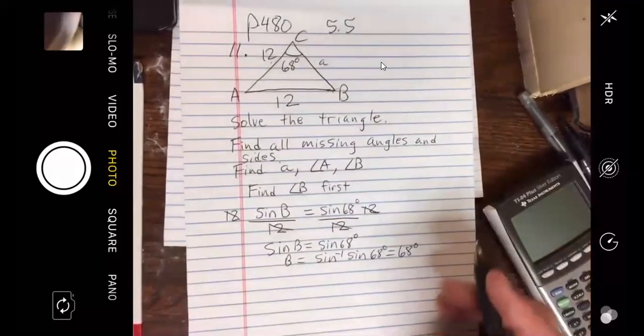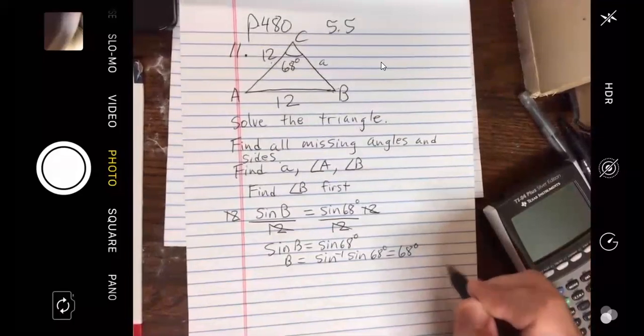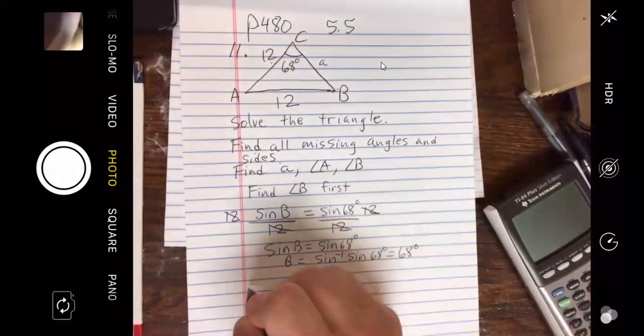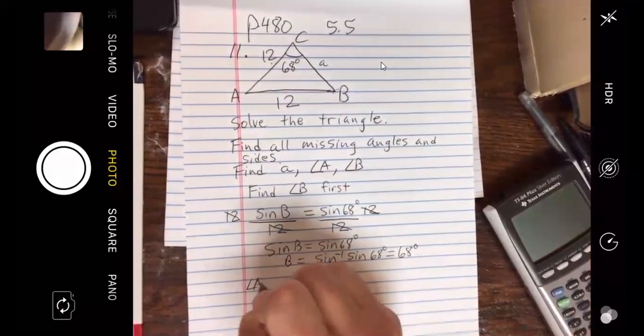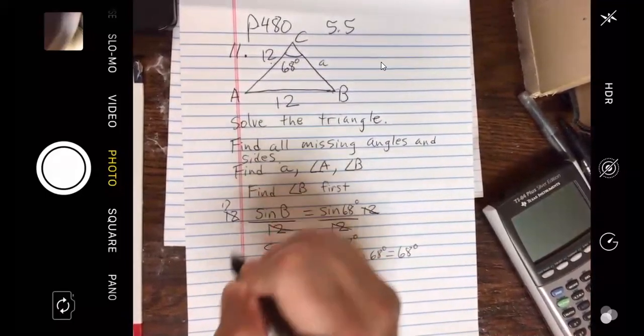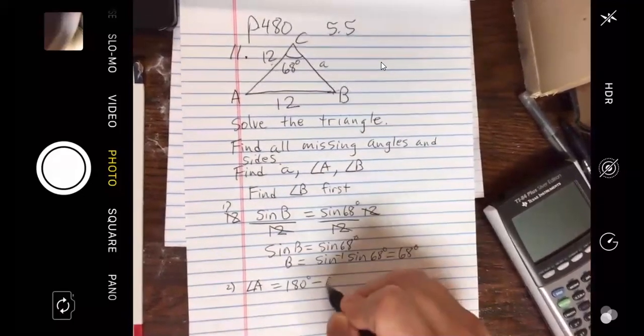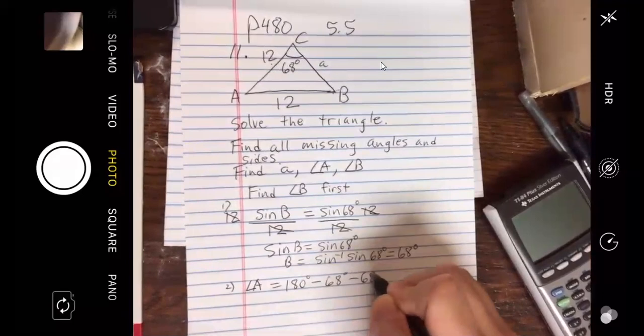All right, so we know angle B is 68 degrees. Now we can get angle A. So for step two, angle A would be 180 minus 68 minus 68.